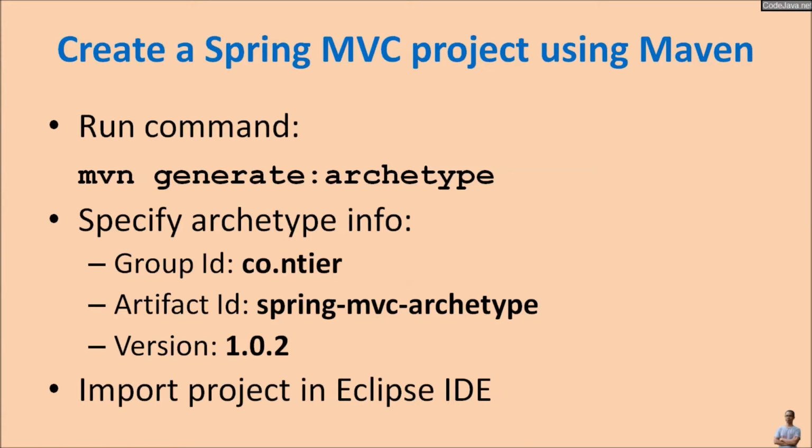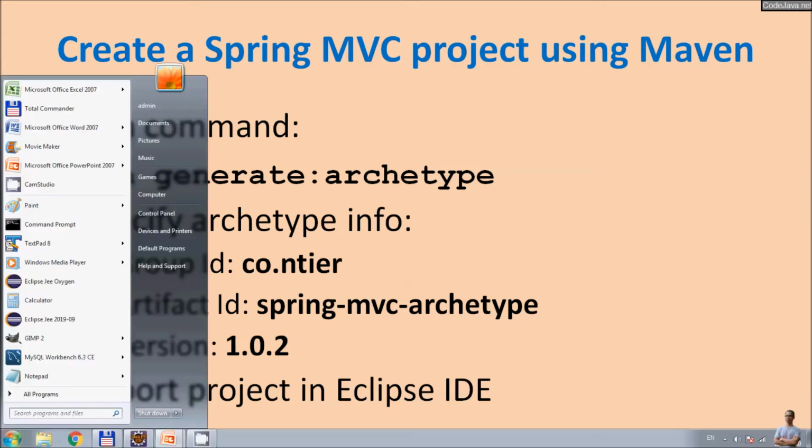After the project is generated, import it into Eclipse IDE. Now let me show you how to quickly create a Spring MVC project from a Maven archetype in command line.